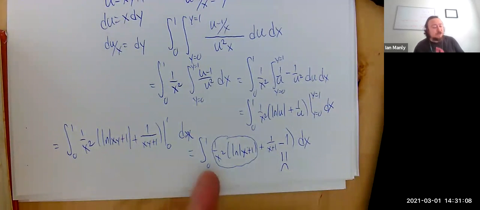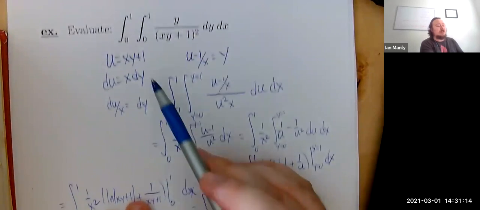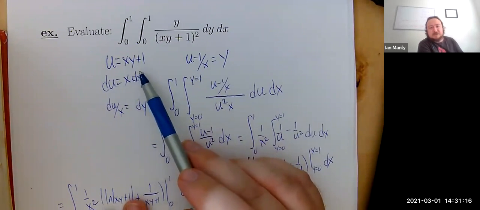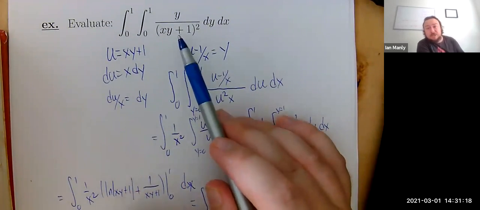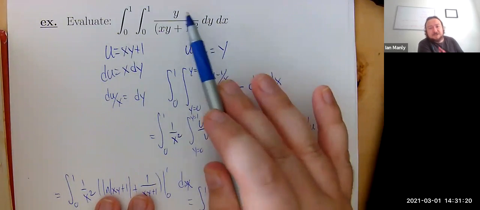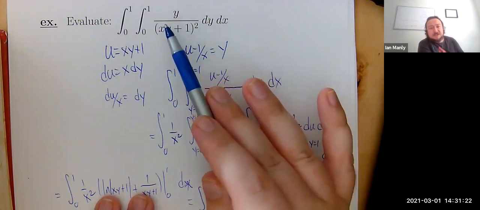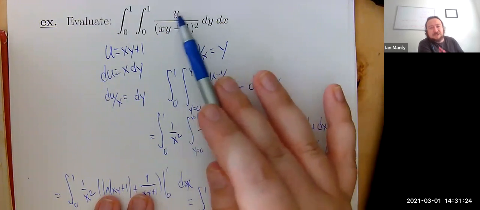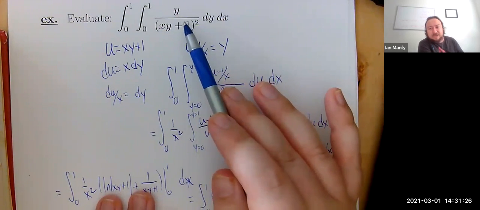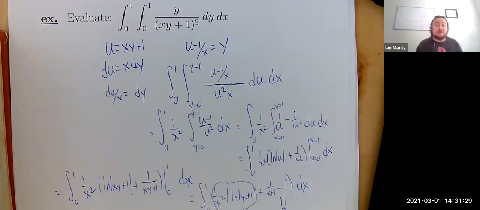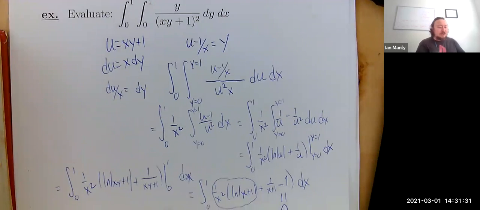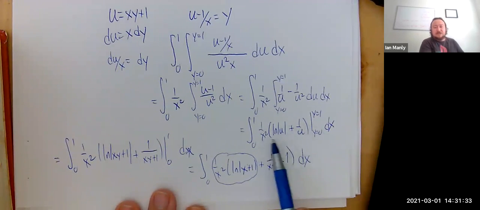Even if we knew exactly what to do for this, it's not going to be that great to do. And maybe you could be like, oh, we shouldn't have done u sub, maybe we could have done something else. We actually could have done partial fractions with this with respect to y right here. But that would also be really annoying, and that would also give you a similar integral down here.